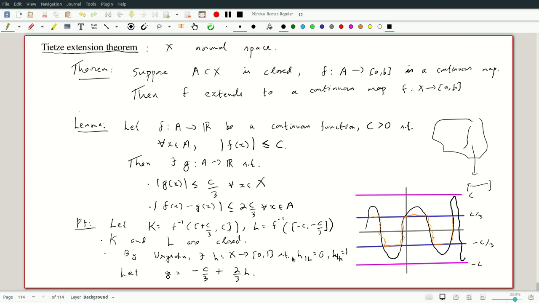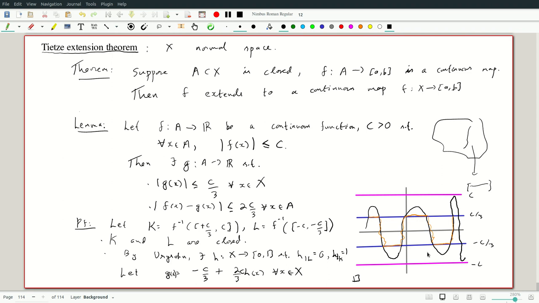Okay. So the first claim on the bound is, you see G is between minus C by 3 and C by 3. I'm not going to write out the cases, but the first bound is clear because G of x is minus C by 3 plus 2 by 3 C H of x for all x in X. When H is 1, this is 2 by 3 C minus C by 3, so it's C by 3.